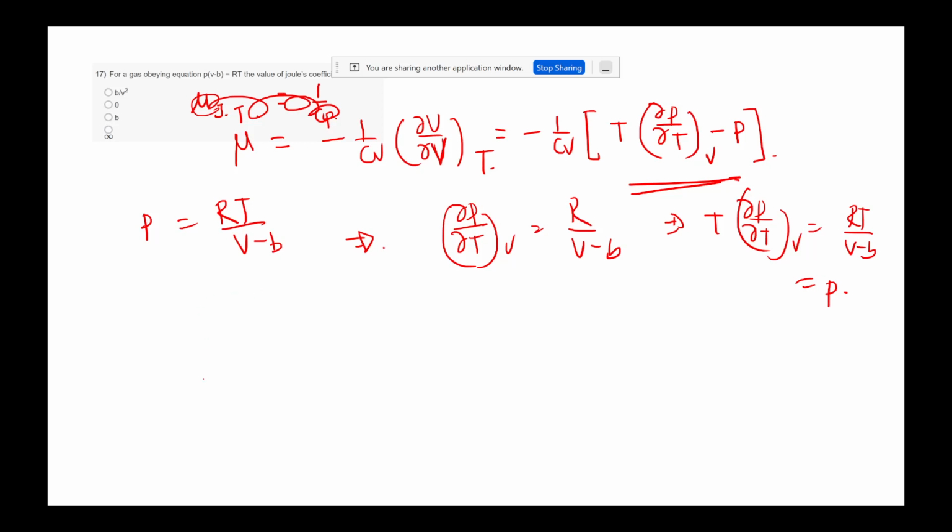So that's why mu J will be zero, for the van der Waals gas.